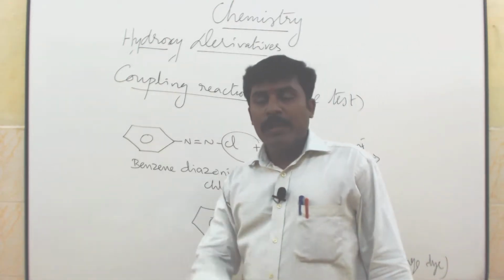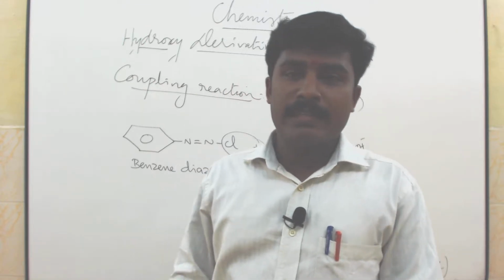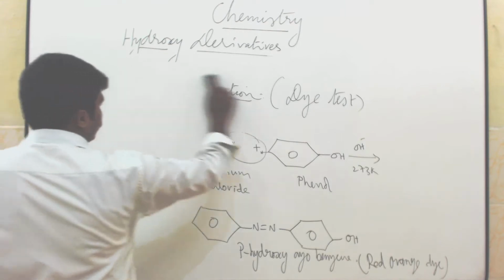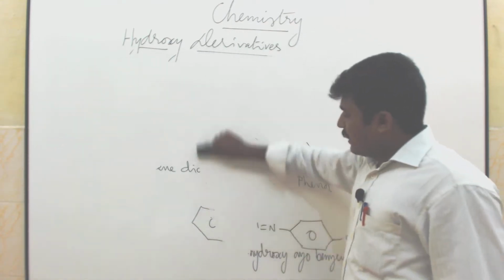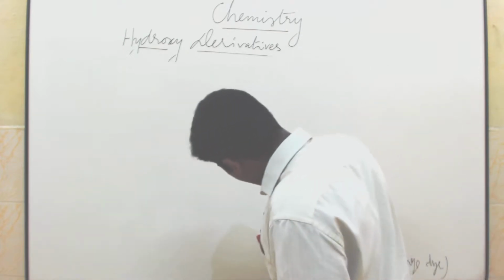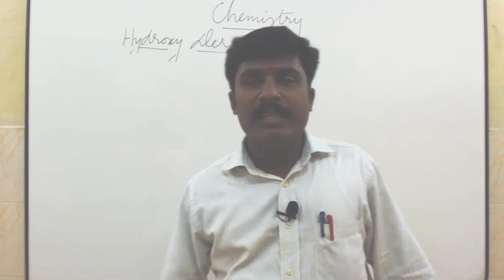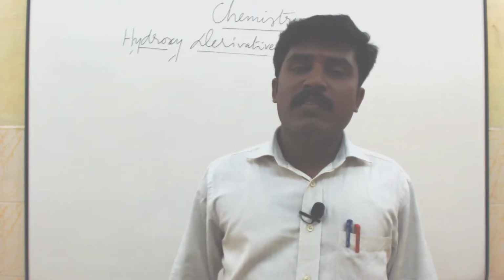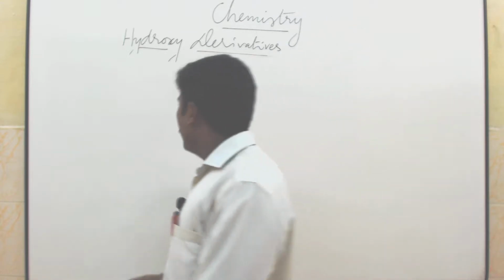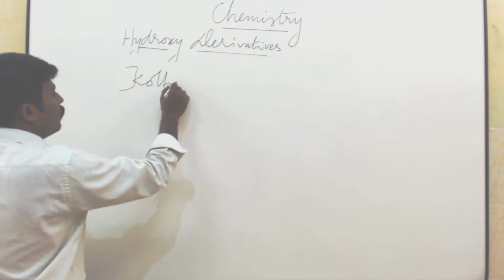The very same answer. The next very important reaction is the Kolbe reaction, very useful for the problem part. What is Kolbe reaction? Sodium phenoxide reacts with carbon dioxide at 400 Kelvin, 4 to 7 atmospheric pressure. It gives sodium salicylate, followed by acidification. You will get salicylic acid. Not only for the 3-mark part, the Kolbe reaction is also very important for the problem part.